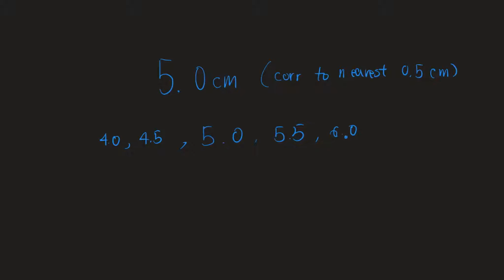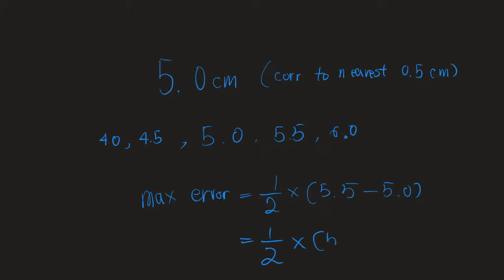4.0 like this. And now you know that the maximum error basically equals 1/2 times 5.5 minus 5.0, or you can also consider this one, 5.0 minus 4.5.